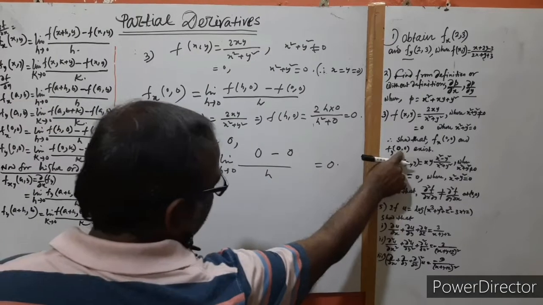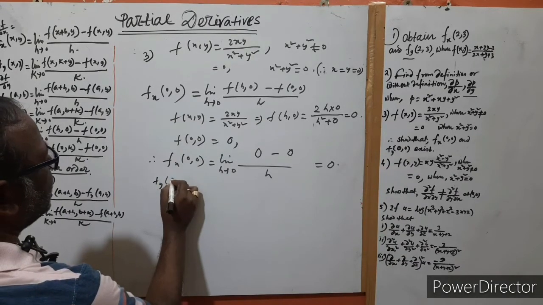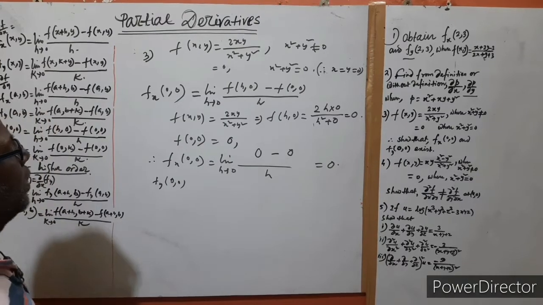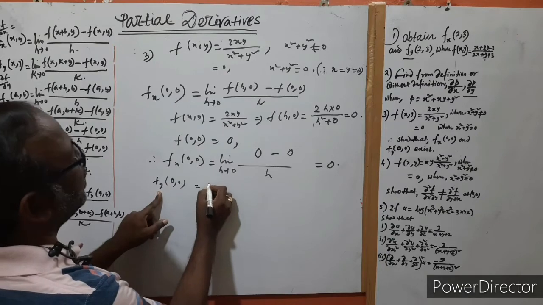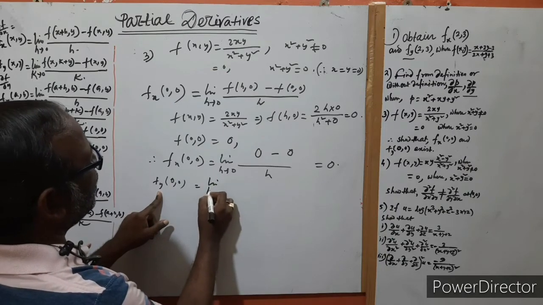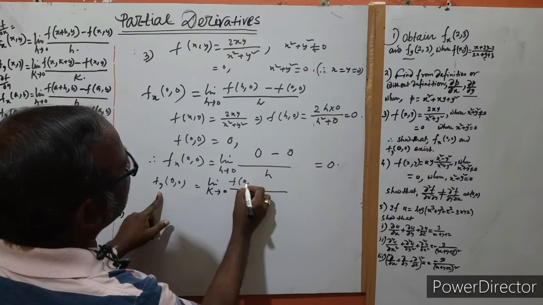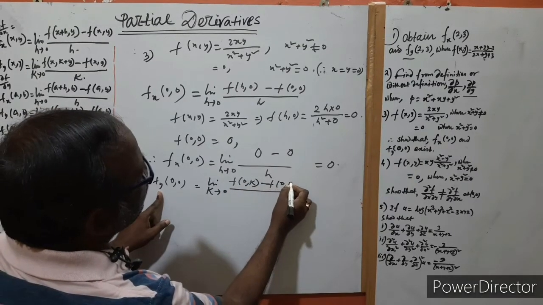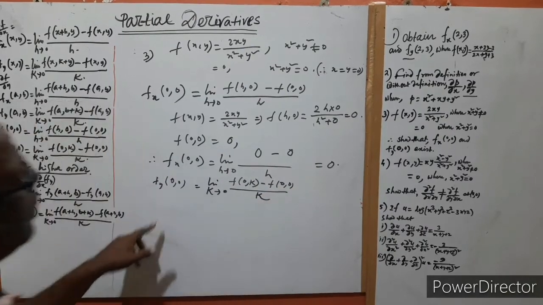Now we have to find the derivative of f with respect to y at (0, 0), which is the limit as k tends to 0 of [f(0, k) − f(0, 0)]/k.